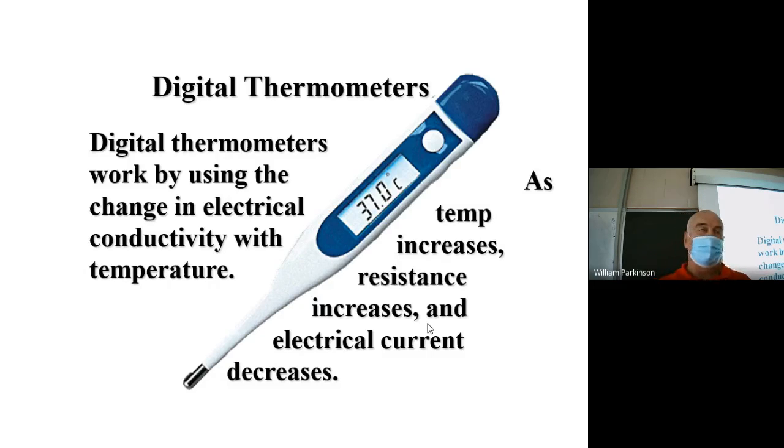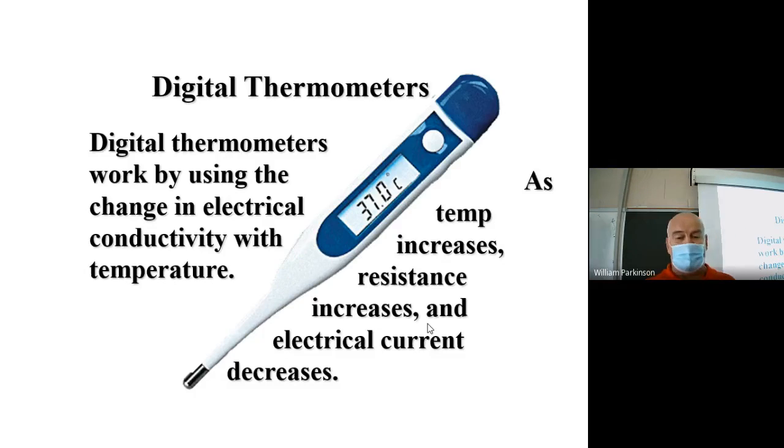So when you place an electric thermometer, a digital thermometer, into something to measure its temperature, it heats the circuit up, which is allowing current to flow, and then it measures how much current is allowed to flow and decides what temperature it must be when that amount of current is flowing.